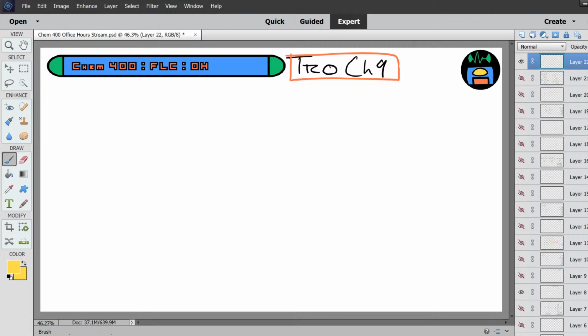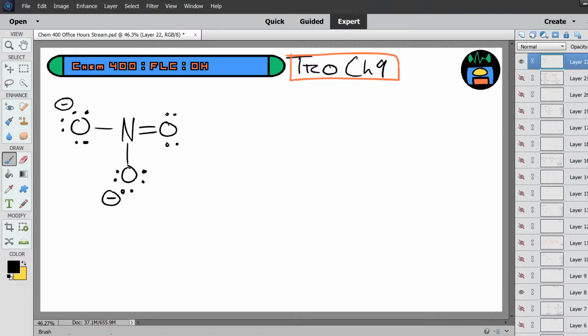If you look at the Lewis structure for nitrate, you've got a negative, just like we did before, a negative on oxygen, a couple of them actually, and then you've got a positive on nitrogen.